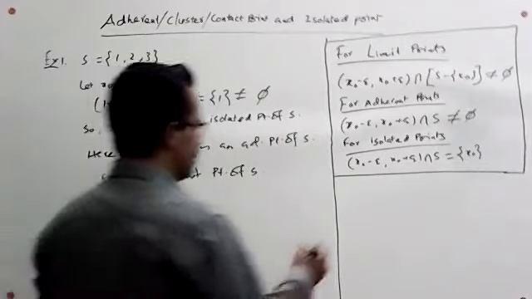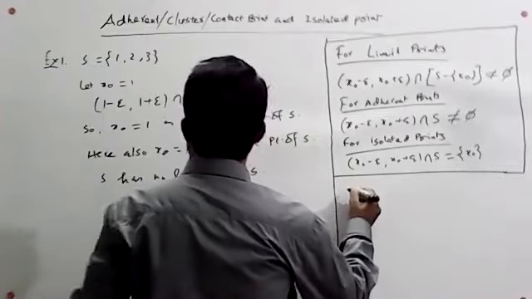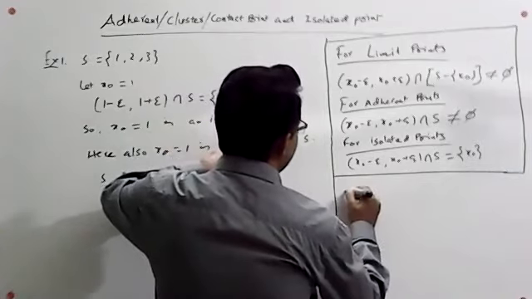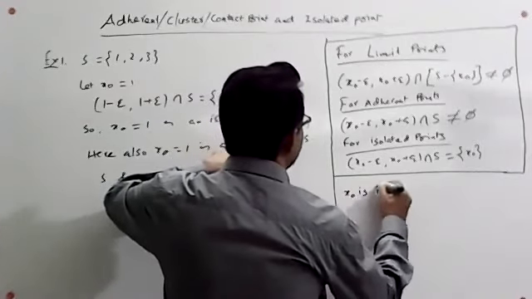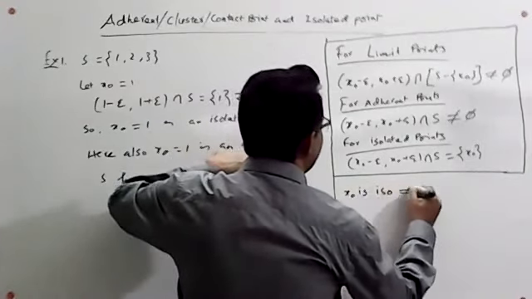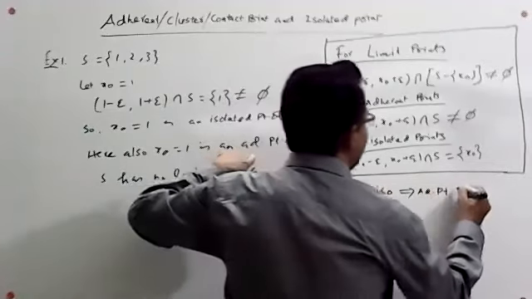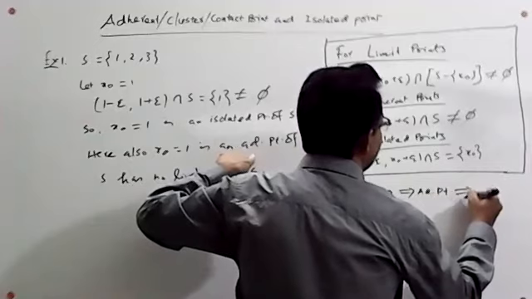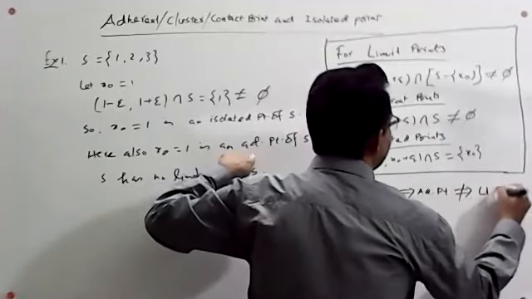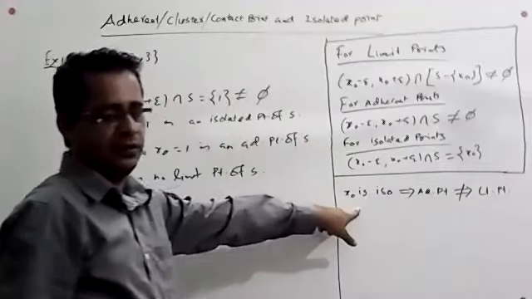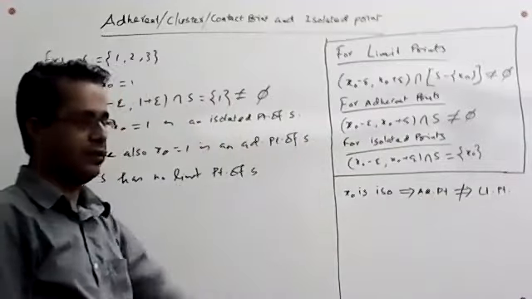The result is: if x0 is an isolated point, then it is an adherent point, but it does not imply that it is a limit point. This is a very important relation. It will help us in future discussion.